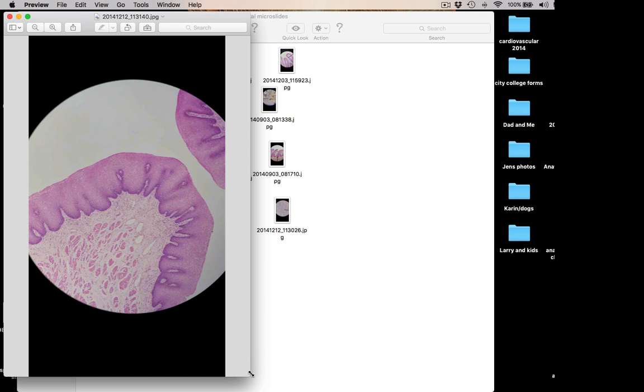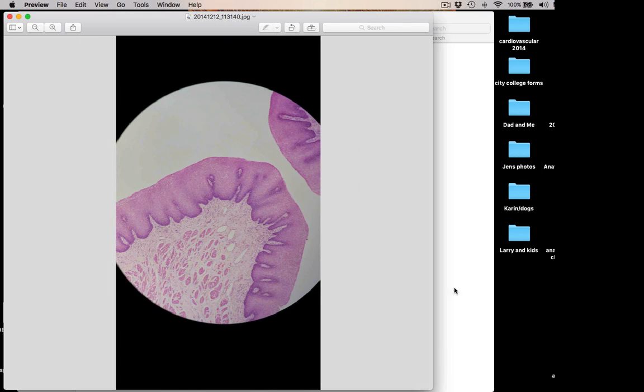Here's our first slide. Now remember the characteristics of epithelial tissue, CRAP. So if you remember your CRAP, the C stands for cellularity. There are lots of cells. In epithelial tissue, there is no space in between the cells.